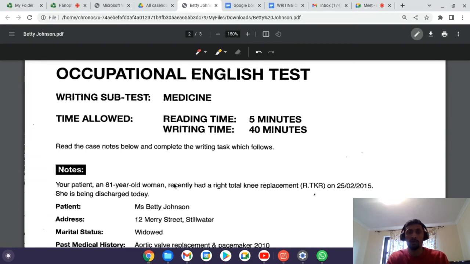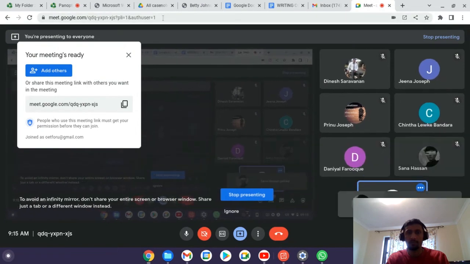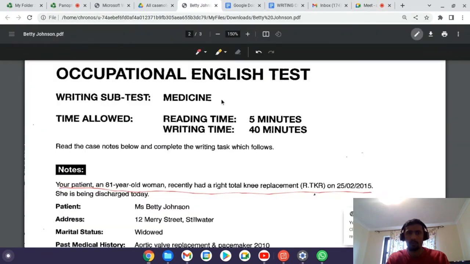Is that okay? All right. So your patient is an 81-year-old woman who recently had a right total knee replacement on 25 February 2015. She is being discharged today. Okay.